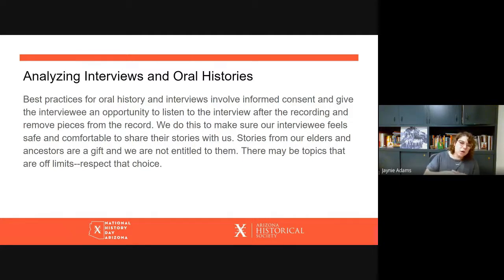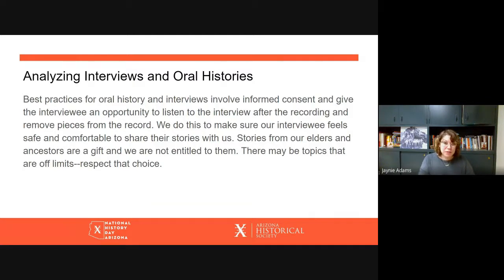The interviewer also has to give the interviewee an opportunity to listen to the interview after the recording. And the interviewer must allow the interviewee to remove pieces from the record. We do this so that the interviewee feels safe and comfortable to share their stories with us. These stories, you are not entitled to them.